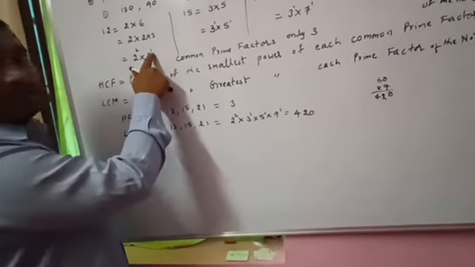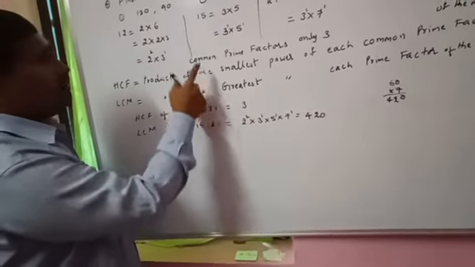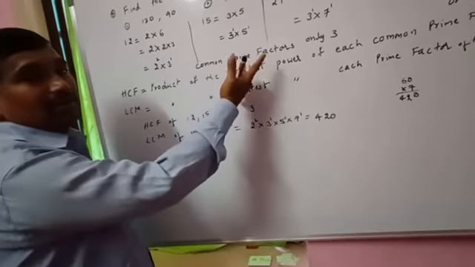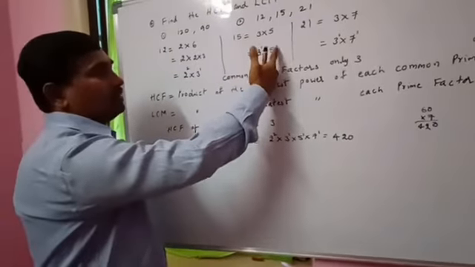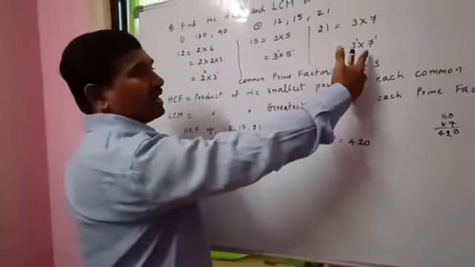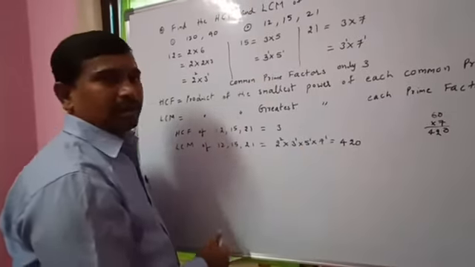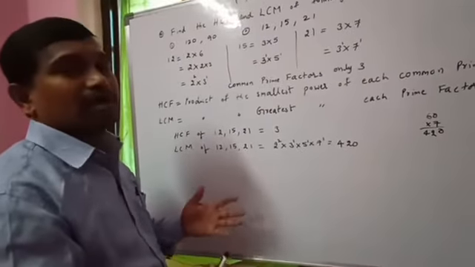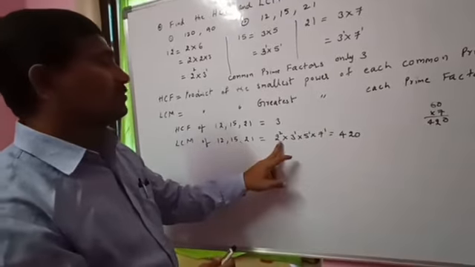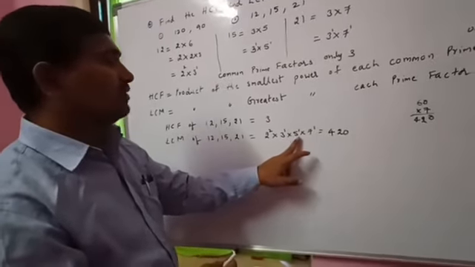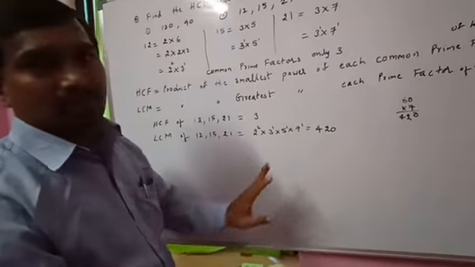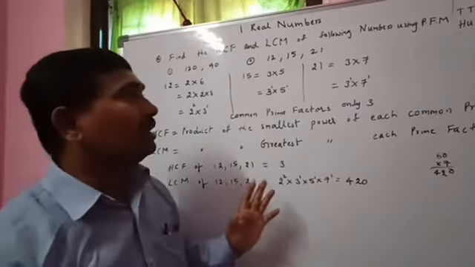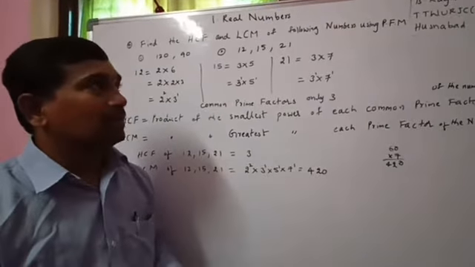What is the greatest power? 3 power 1. 5 is a factor: 5 power 1. 7 is a factor: 7 power 1. Take the greatest power of each prime factor. So 2 square is 4, 4 threes are 12, 12 fives are 60, 60 sevens are 420. So this is the way of finding HCF and LCM by the prime factorization method.